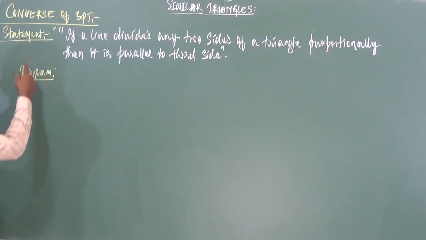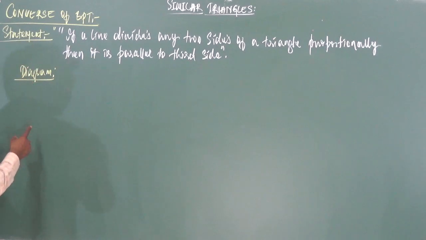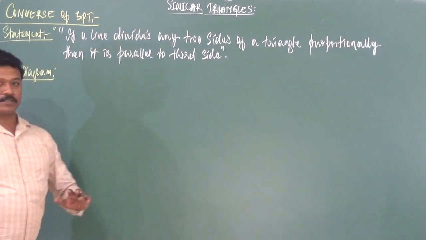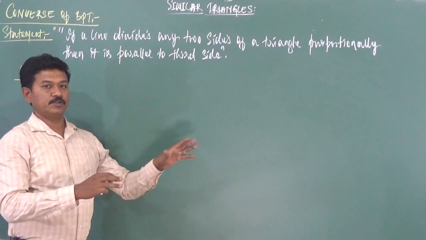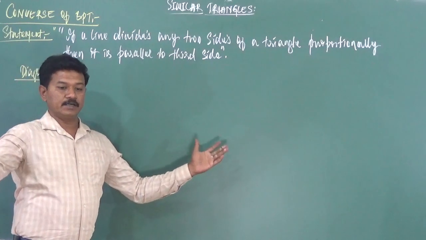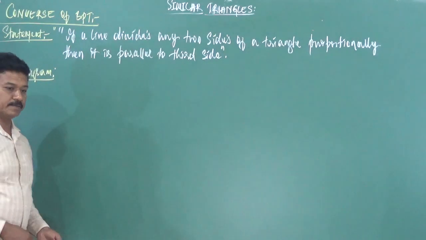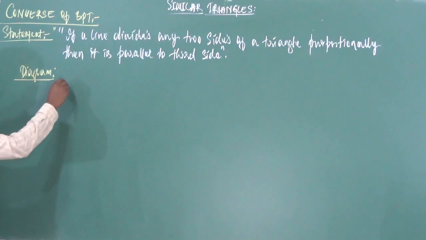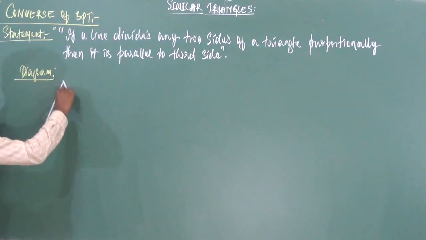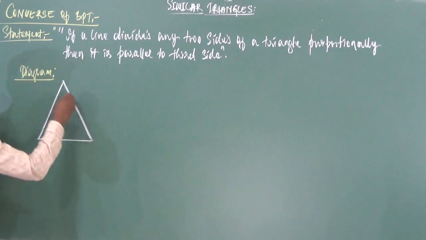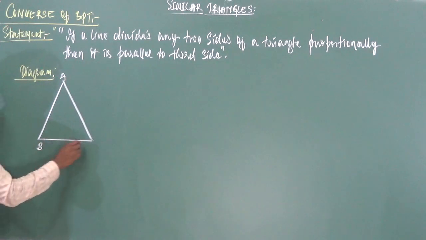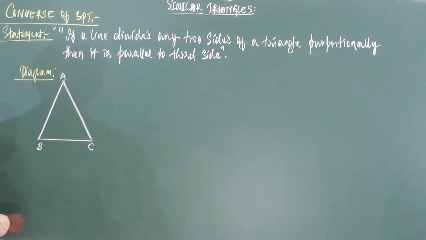These things that I am writing, statement, diagram, to prove, all these things, I am not writing to make the theorem look very good and presentable, not like that. It is the procedure you have to follow. Right? So let us go with the diagram. I have a triangle here. I will take it as triangle ABC. I will name the vertices as ABC.